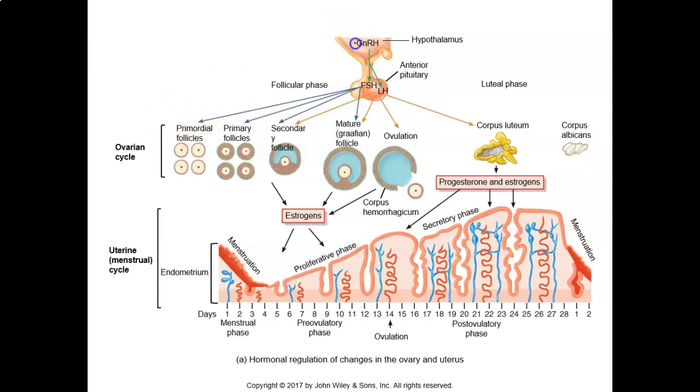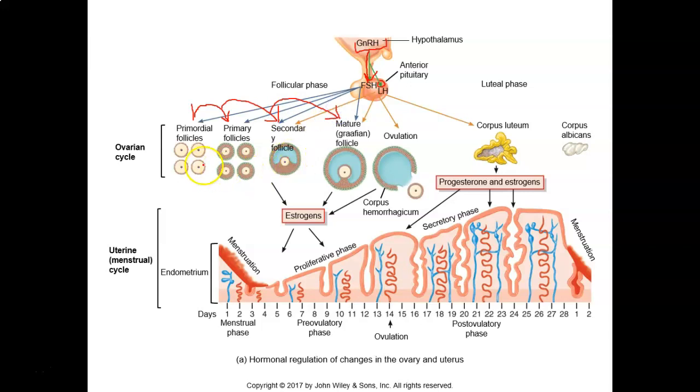So, gonadotropin releasing hormone, released from the hypothalamus, stimulates the release of FSH as well as LH. FSH, follicle stimulating hormone, stimulates the follicles to mature.